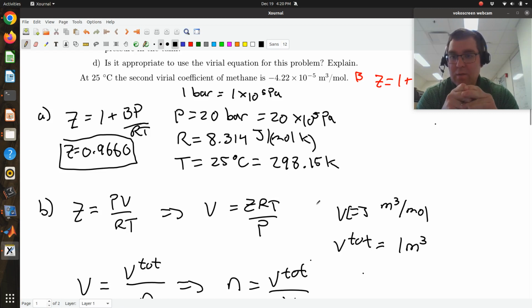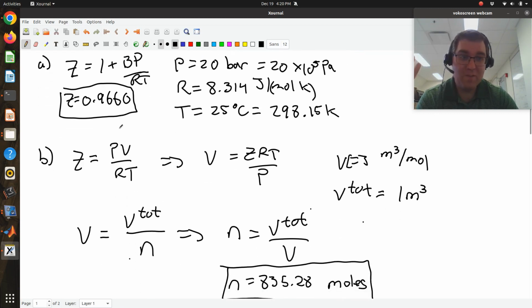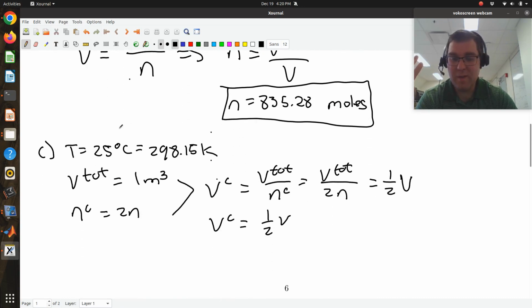So if I look at part B, I don't know Z. So Z is unknown, unknown 1 is Z, unknown 2 is P. But I know V, R, T. If I look at A, I don't know Z and I don't know P, but I know B, R, and T. So essentially, this gives me two equations with two unknowns, my two unknowns being P and Z. So I should be able to solve for Z and P. Let's see if we can do this.